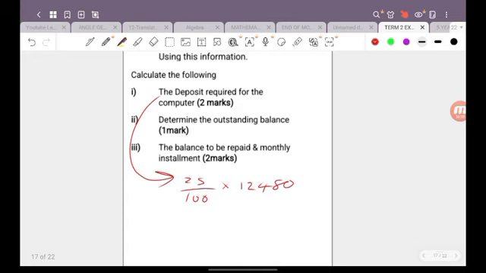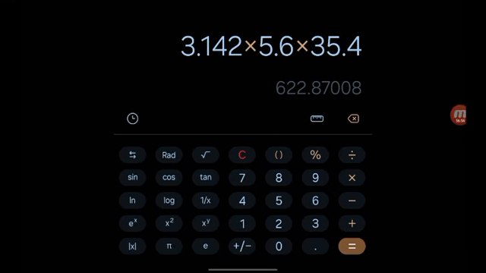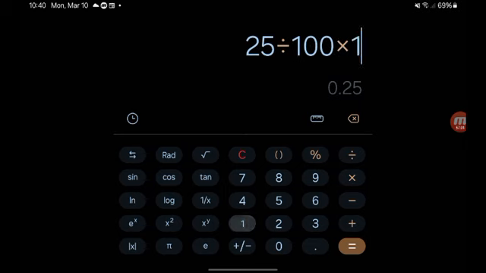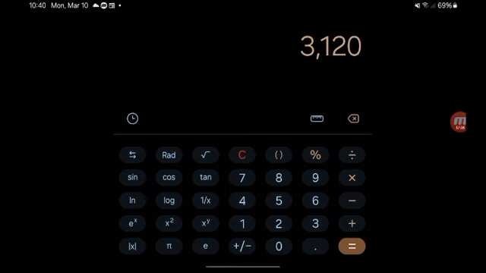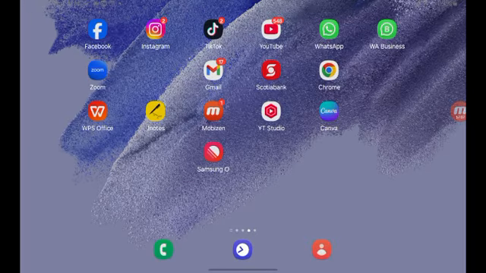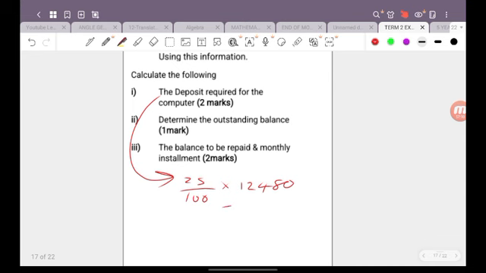Now, if you want to do your own personal cancellation, you can, but since we have a calculator, let's clear the screen. 25 divided by 100, I'm going to multiply that by $12,480, and you'll find that the deposit required will be $3,120. Very easy, yes?